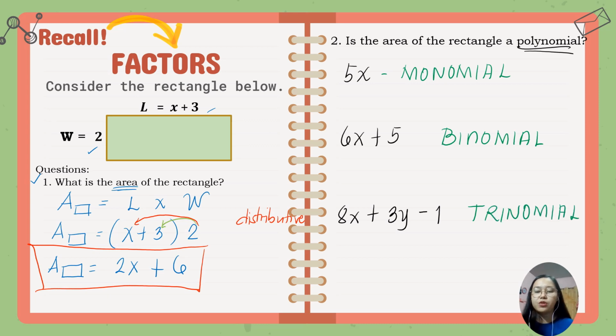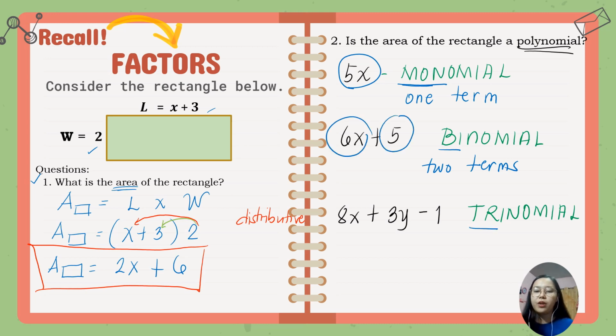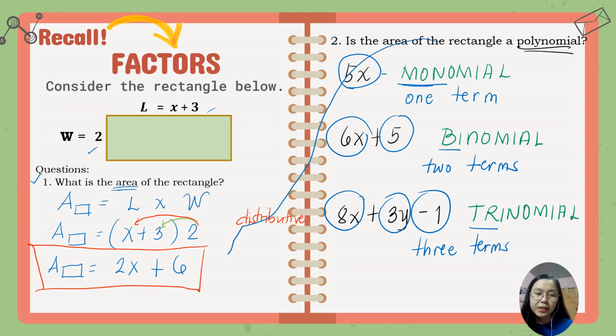What is the difference of the 3? Mono means 1, so it only has 1 term. Bi means 2, so it has 2 terms. Trinomial means 3, so we have 3 terms. Let's count 1, 2, 3. Now, let's go back to the question again. Is the area of the rectangle a polynomial? Is this an example of polynomial? Of course, the answer is yes.